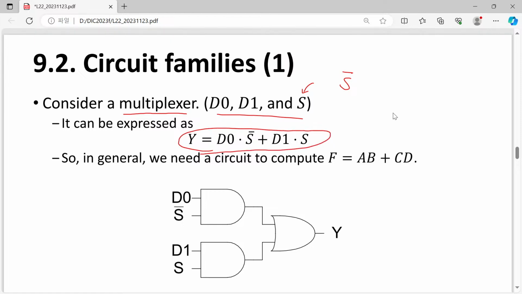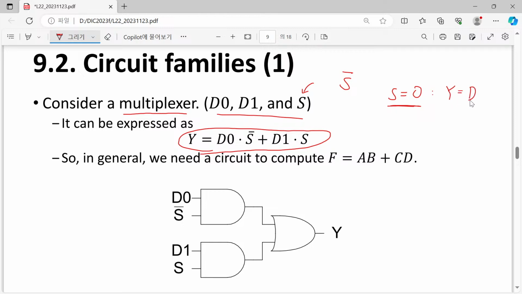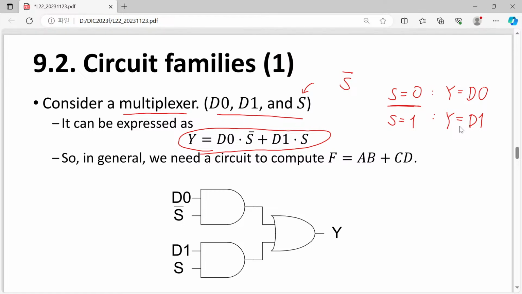Simply speaking, when S equals 0, so select 0, then Y becomes D0. If we have S equal to 1, then Y becomes D1. So a multiplexer just selects our input argument between D0 and D1 as selected, and Y becomes the selected one.